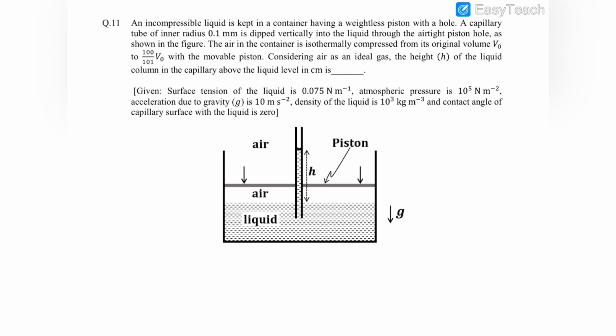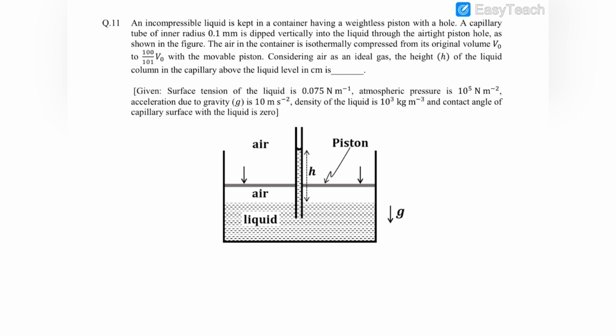In this question, you can see that there is a piston which is movable and it has a small pinhole in it, and in that pinhole we have fitted a capillary tube, thin capillary tube of inner radius 0.1. There is a liquid which is inside this container below the piston, and there is some air trapped between this piston and liquid.